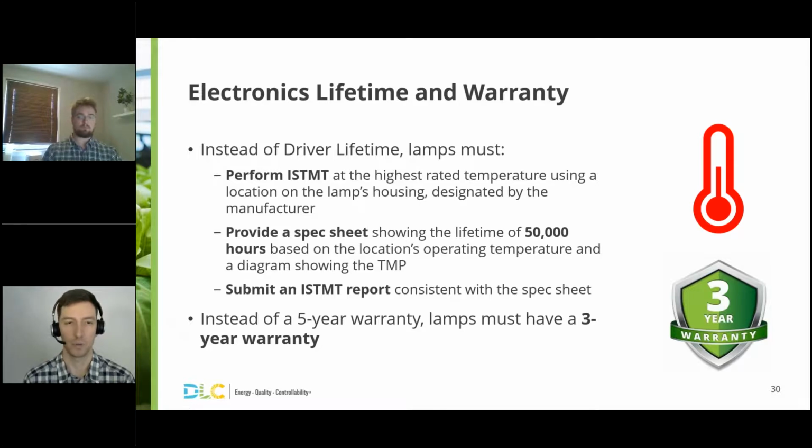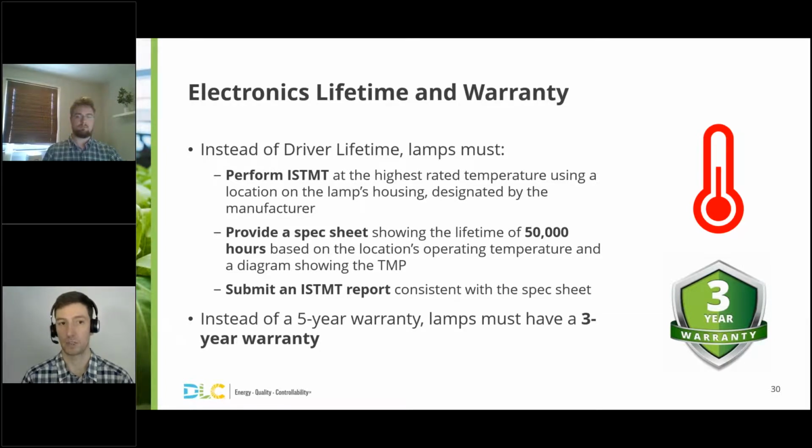So after working with you all, the stakeholders, we created a different but related requirement for lamps. Instead of meeting the driver lifetime, lamps can perform an in situ temperature measurement test, the ISTMT, at their own defined temperature measurement point on the lamp housing.